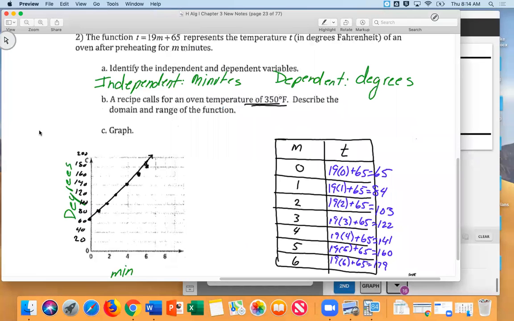But I don't have that calculator. So here's how I do it. Ready, Neve? So if my temperature is 350, that's T. So 350 equals 19M plus 65.